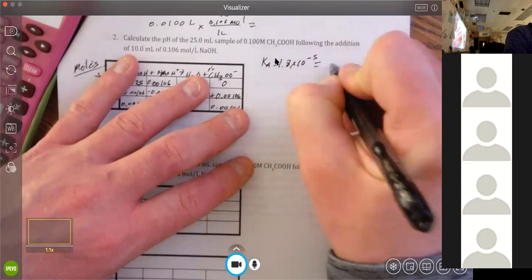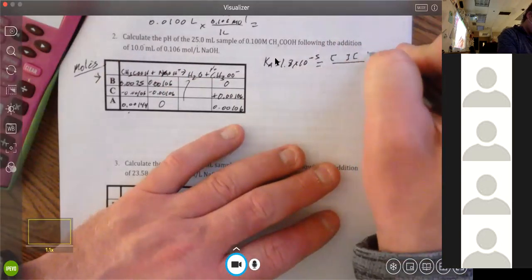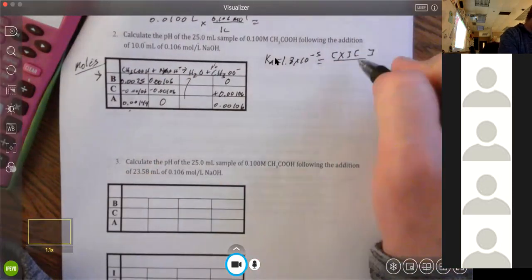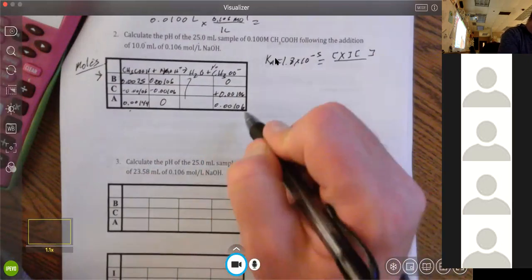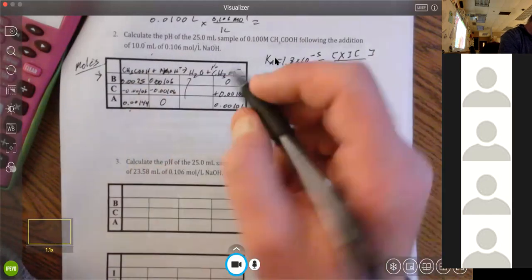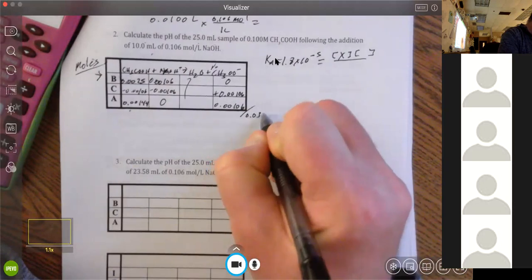And we know that that is equal to the concentration of the H plus and the concentration of this. This isn't the concentration. We need to divide this by 10 plus 25, which is 35. So 0.0350.